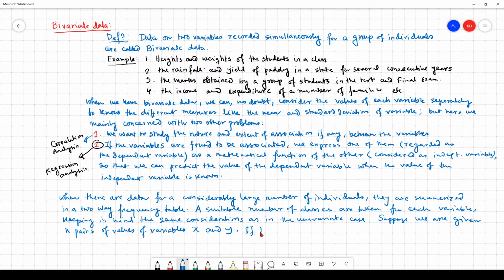If there be k classes for x variable and L classes for y, the frequency table will have k cross L cells.